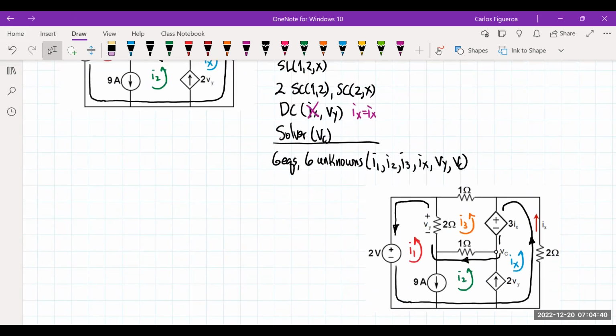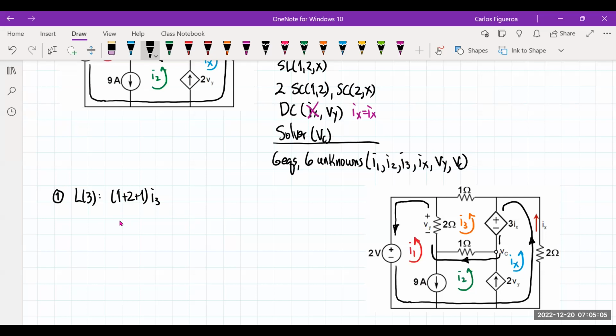Now that I have that, here's my first equation. My first equation is going to be the regular loop at 3. You can see that I have 3 resistors, and note that I have a dependent source. So I'm going to add up all the resistors, which will be 1 plus 2 plus 1, and this will be I3.